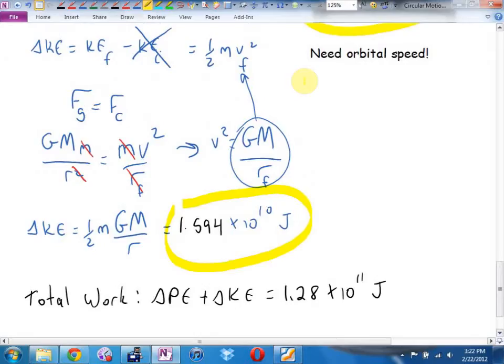If you wanted to plug it in as a number, you could go G times M divided by final velocity, get a number and put it right in there. I just noticed since the V squared is in both, why don't I just plug in the algebraic expression? Because that's what I type on my calculator. Why not do it all in one fell swoop once? Because V squared matches V squared. Is that okay?